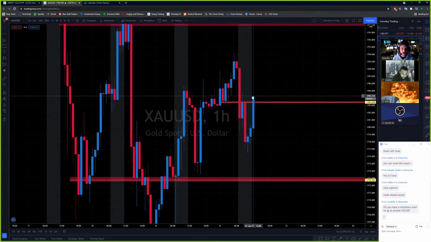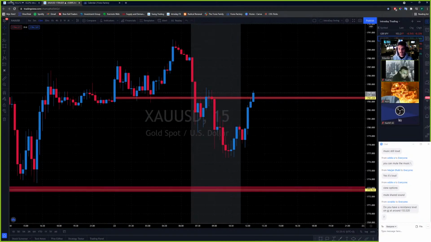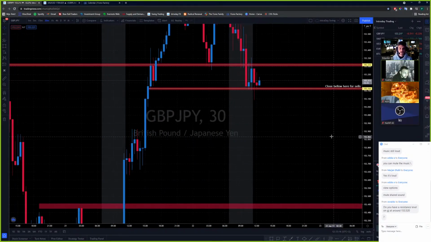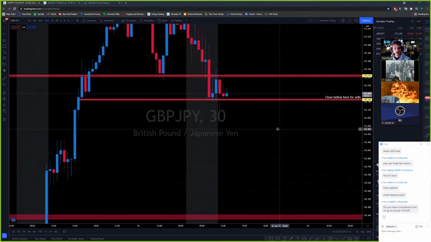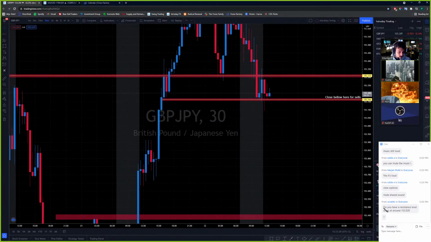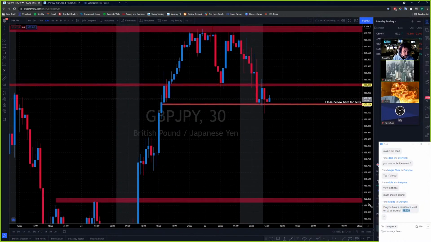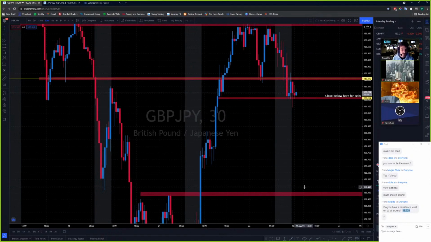Alright, gold is breaking up. Alright. Do you have a resistance level on GJ around 153.20?